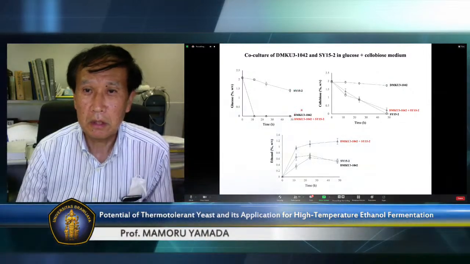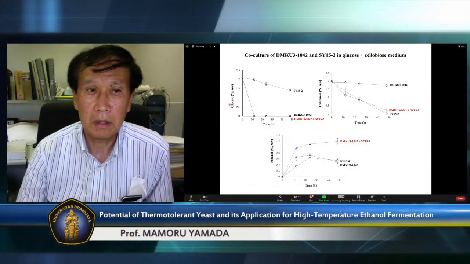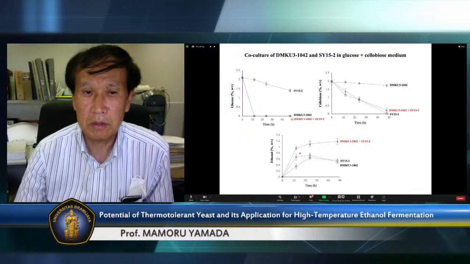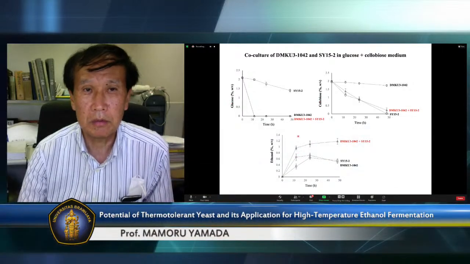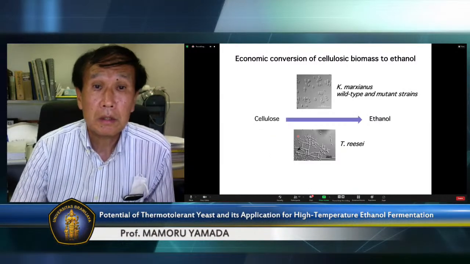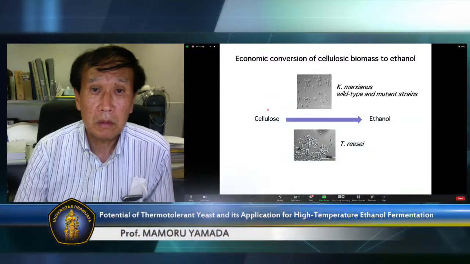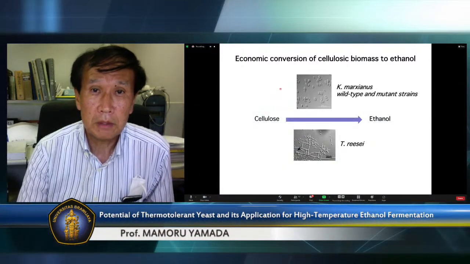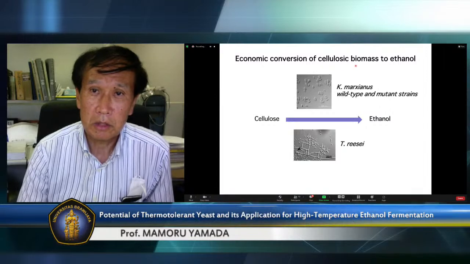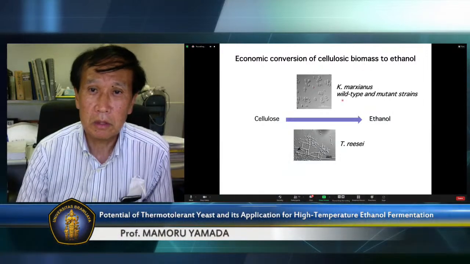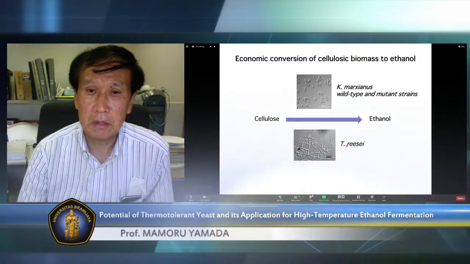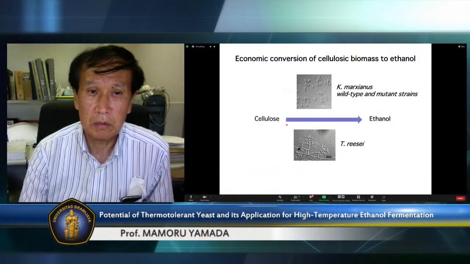You can see they can use glucose and cellobiose and then produce ethanol. So now we can do economic conversion of cellulosic biomass to ethanol using the Kluyveromyces wild type, the mutant strains, and T. reesei, from glucose to ethanol.